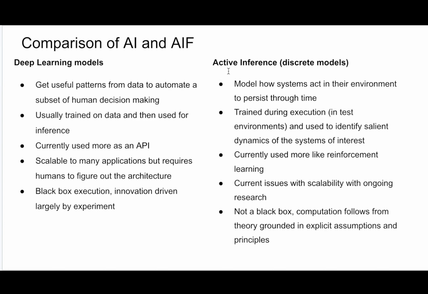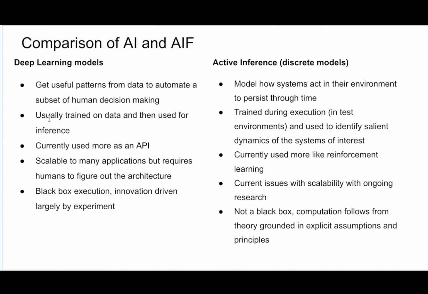In contrast, active inference in discrete state spaces models how systems act in their environment to persist through time. This is enabled by both the process of perception and belief updating, as well as action and adapting the environment to fit our preferred observations.